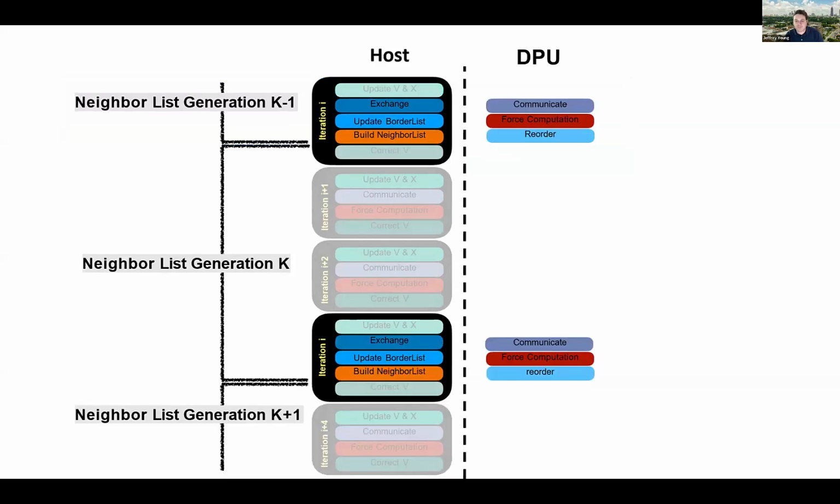When you move the force computation, you also have to do additional communication. So you have some additional overhead, and then you have some reorder operation that you need to do to make sure that the DPU also has all the information that it needs from each iteration in terms of updating the neighbor list and the border list.